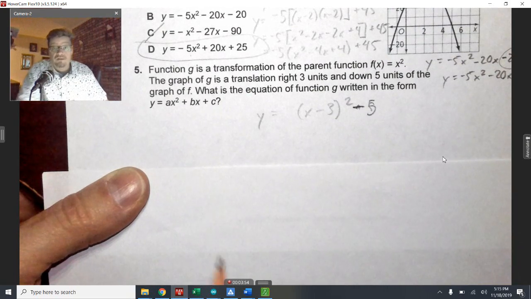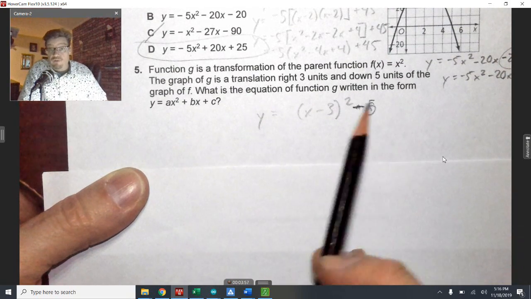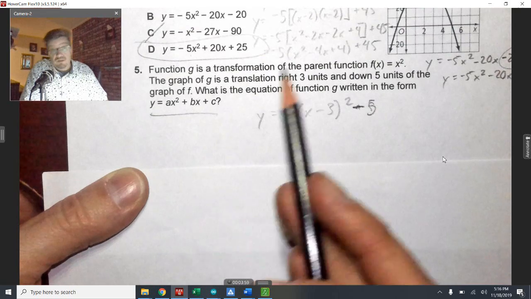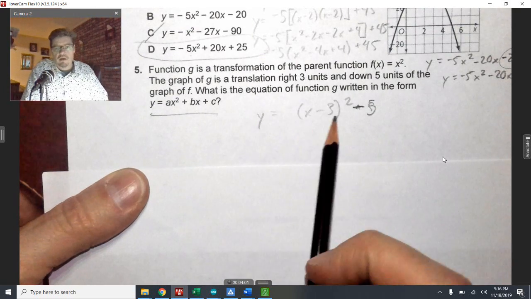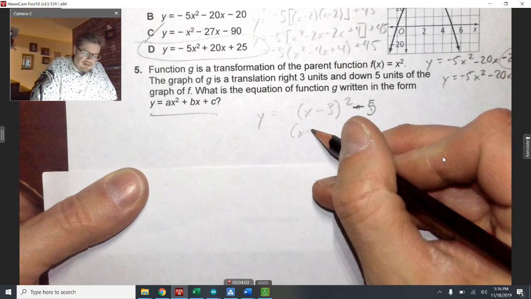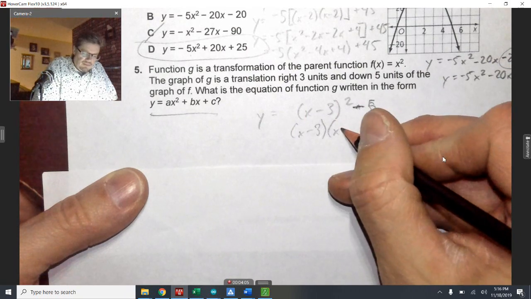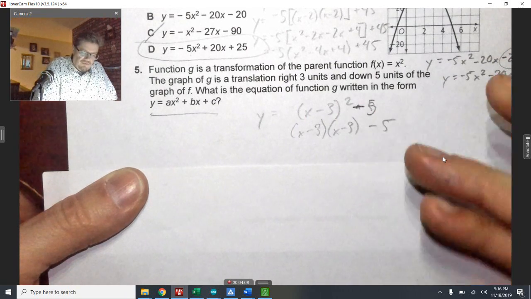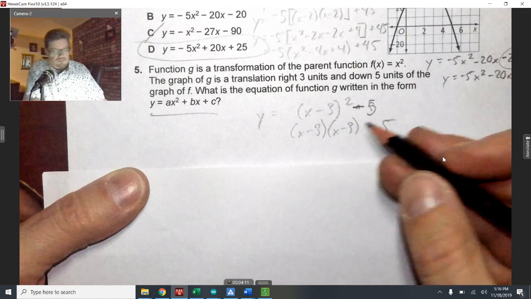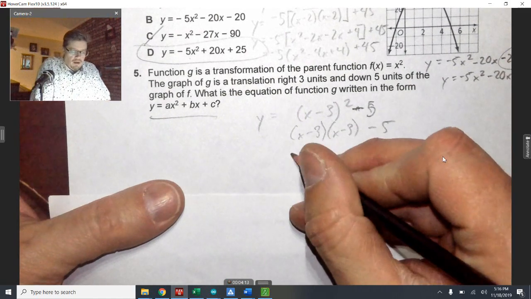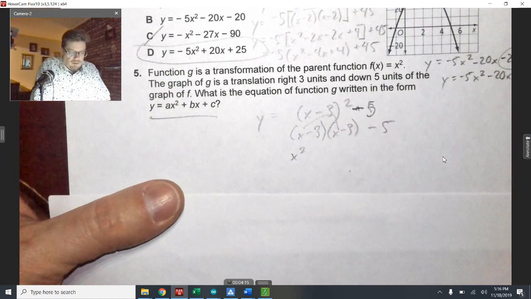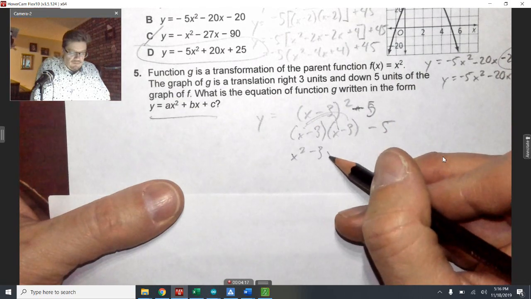Okay, now it wants what's the equation of the function g written in the form of this, which is standard form. So I do the same thing. I square this out. X minus 3 times x minus 3 minus 5. But I do have to take care of these parentheses first, so I'm going to FOIL. x squared, negative 3x.